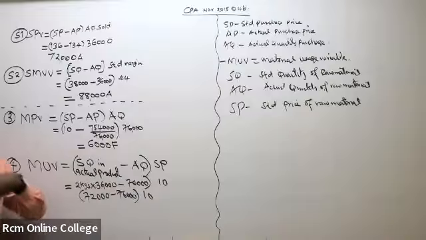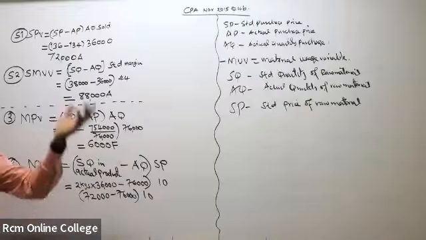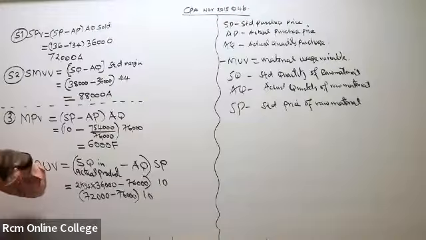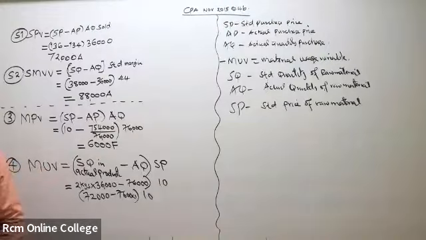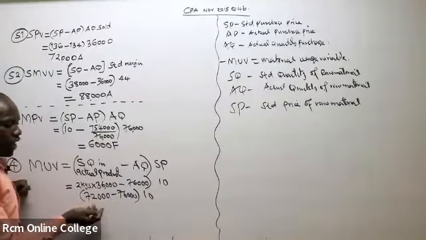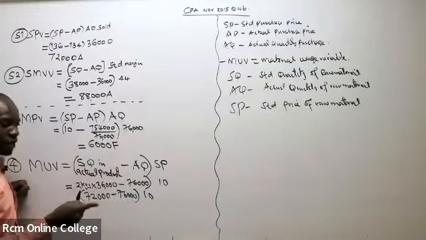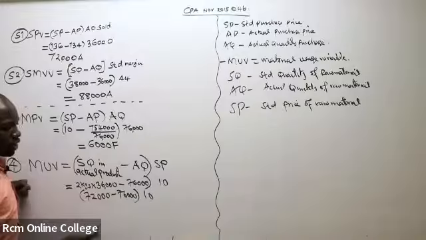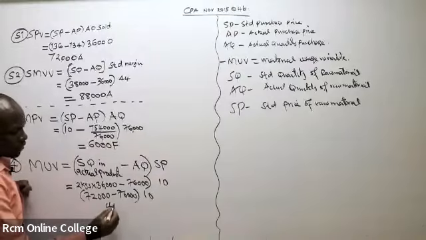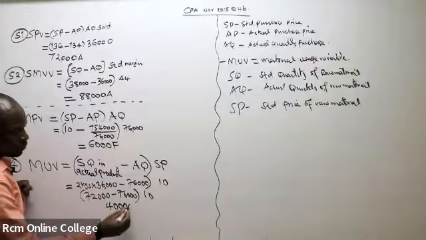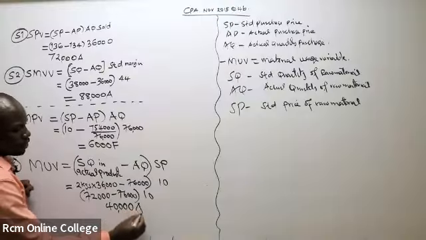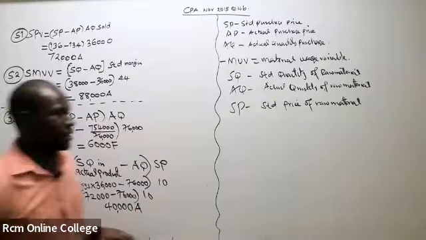So are we talking about saving, or you've exceeded what you're supposed to use? It is an adverse. Thank you. So if it's an adverse, I don't need to struggle. What I now need to do is to get the difference between 76 and 72. That is 4,000. 4,000 by 10 will give me 40,000. Just like that.